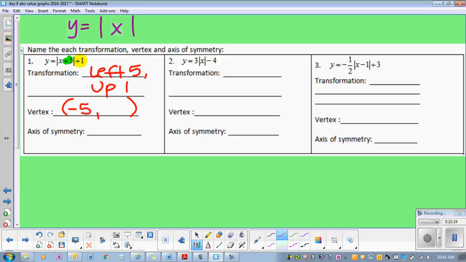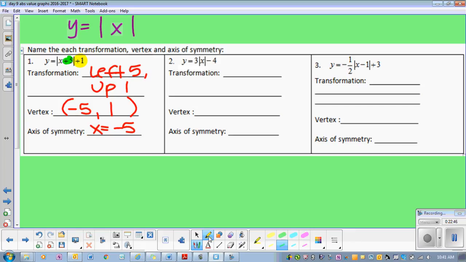Number on the outside? 1. So there you go. That's your vertex. Okay? So what is my axis of symmetry? X equals -5. Good. Do we agree? All right. Let's try the next one.